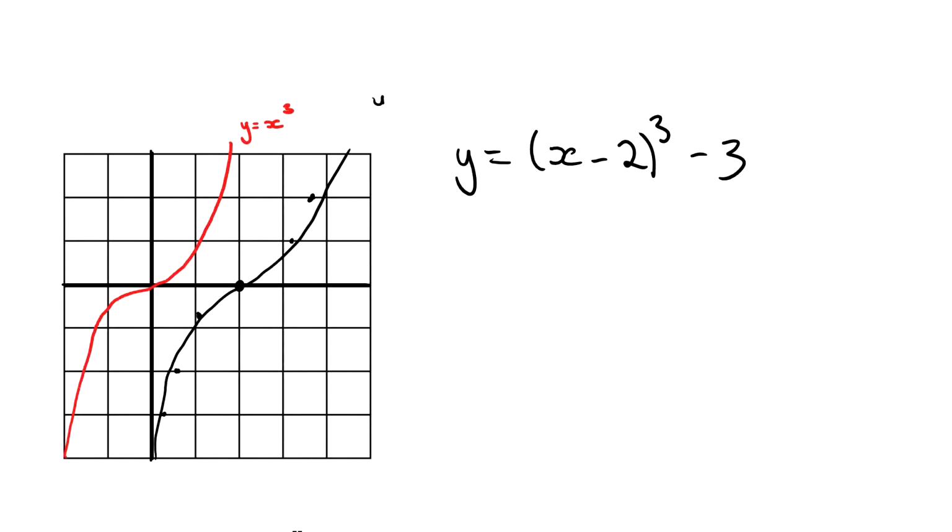So this would be our y equals (x minus 2) cubed. We still need to do our minus 3, so I'll do that in a different color, which means we're moving everything down 3 spots. So our blue will be y equals (x minus 2) cubed minus 3. Obviously, it's better to be a little bit more accurate in the way you draw these lines than I have here, but you can do each transformation one at a time until you ultimately get to your final transformation.